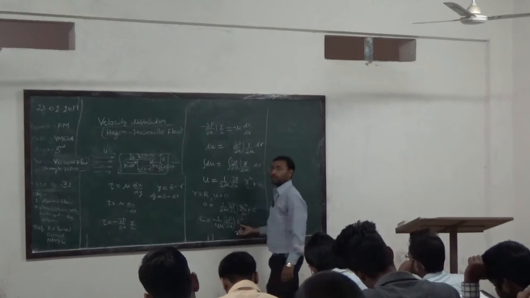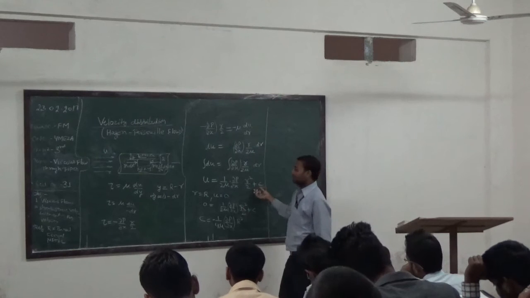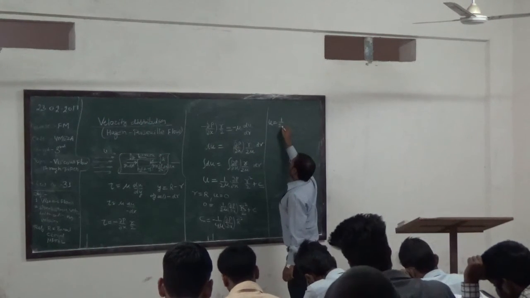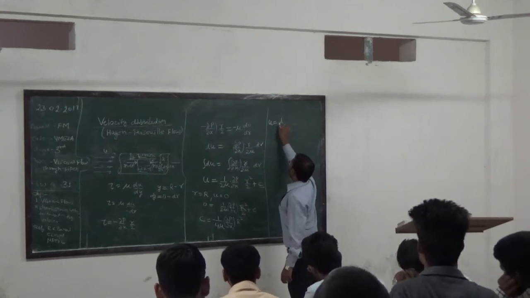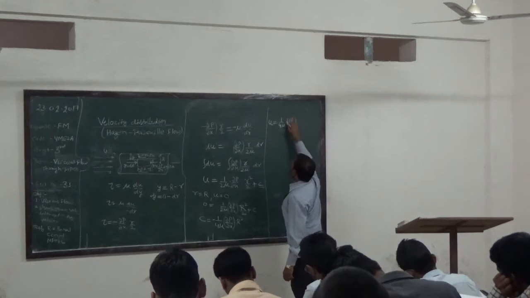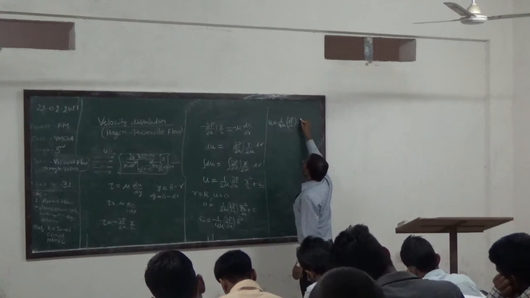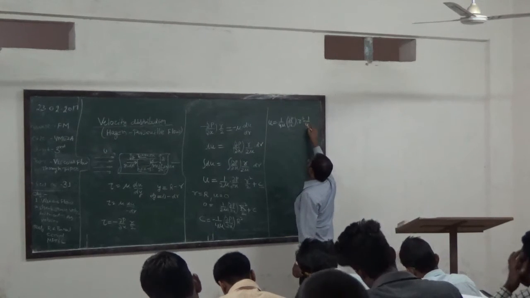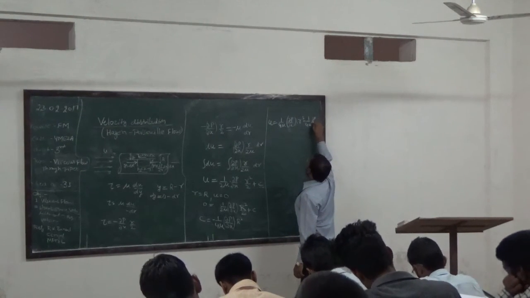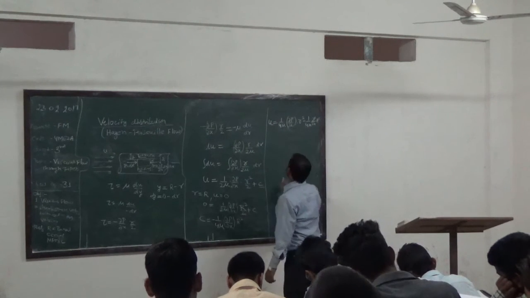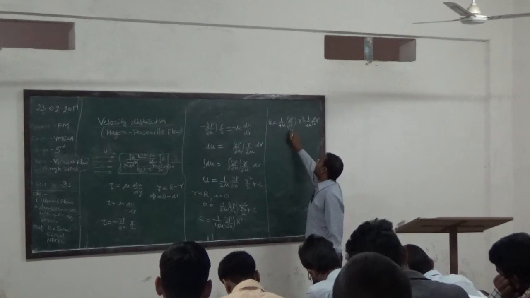Now substitute this value into the main equation. u equals 1 by 4 mu del p by del x small r square minus 1 by 4 mu del p by del x capital R square. So 1 by 4 mu del p by del x is common.